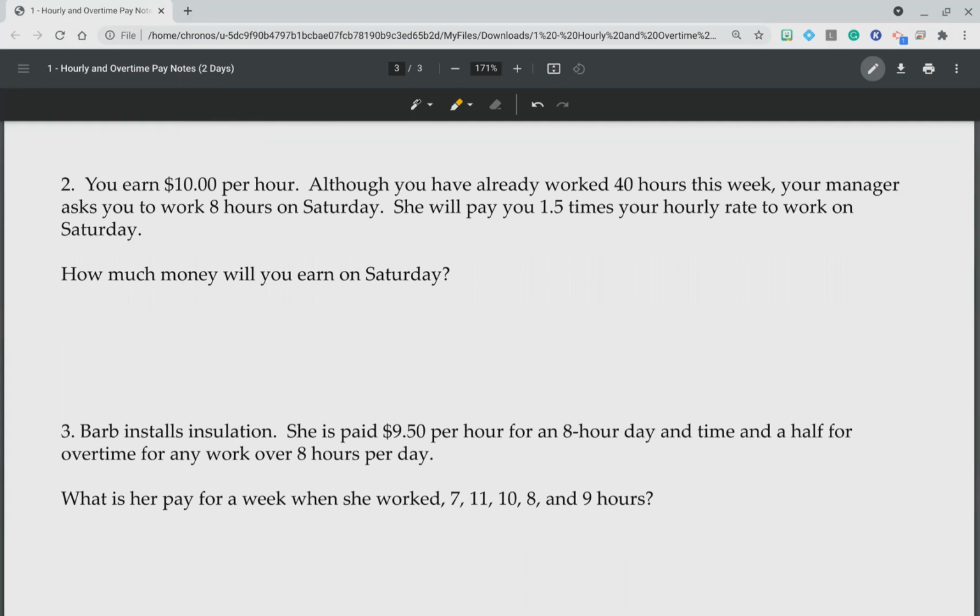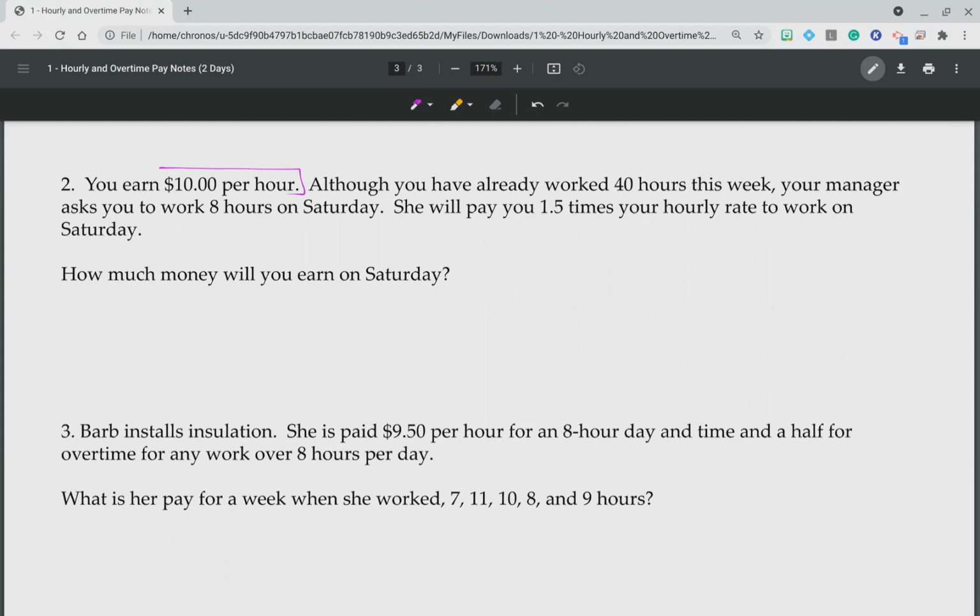All right, you earn $10 per hour. Although you have already worked 40 hours this week, your manager asks you to work 8 hours on Saturday. She will pay you 1.5 times your hourly rate to work on Saturday. Now the question asks, how much money will you earn on Saturday? So to do this, you have to figure out what is the hourly rate going to be on Saturday, and then multiply it by the number of hours you worked on Saturday.